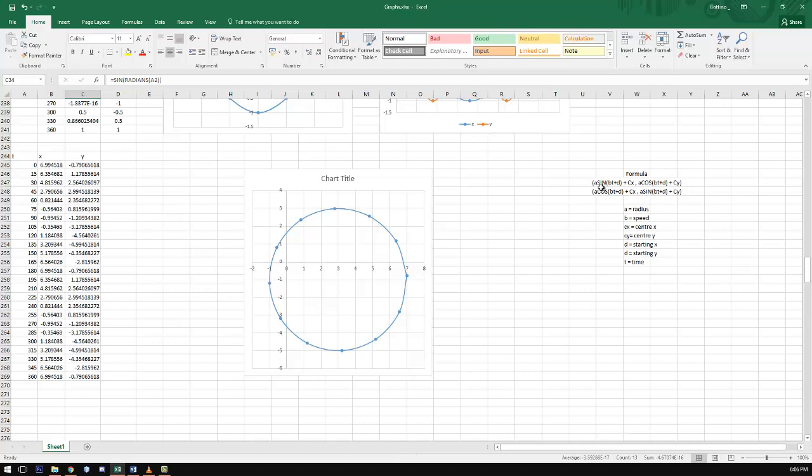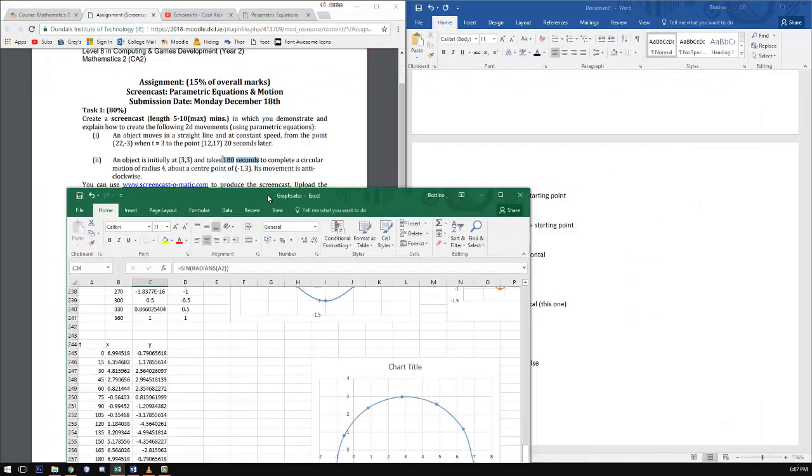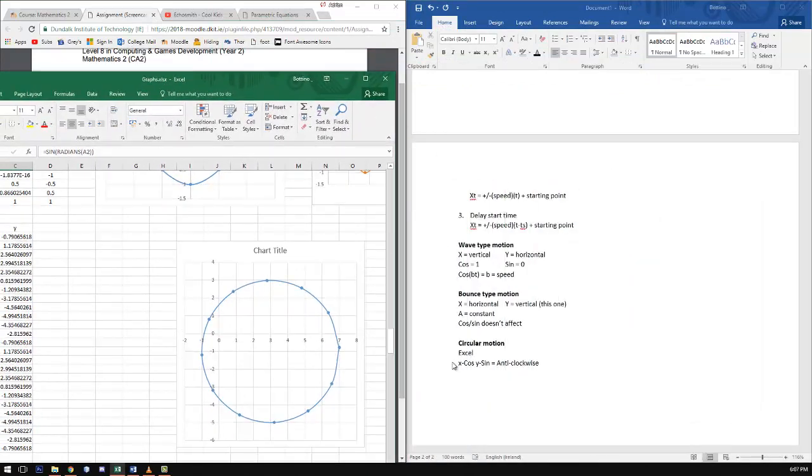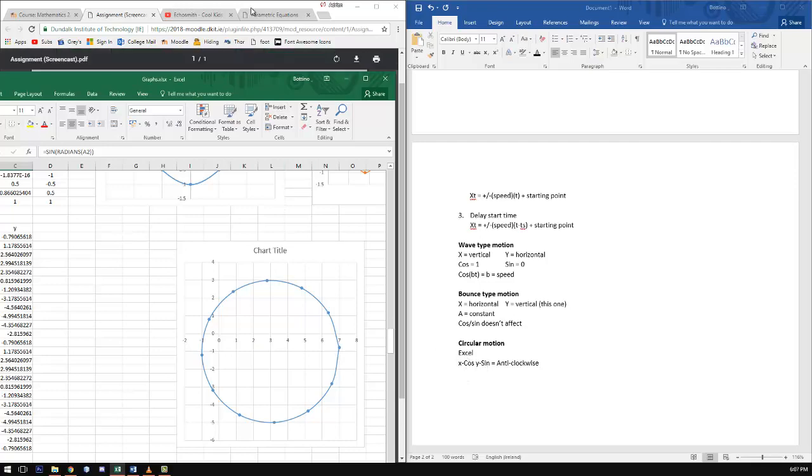So in my movement, we have the formula. We have sine in the x variable, and then cos in the y. But we want an anti-clockwise movement, so we put cos in the x and sine in the y for an anti-clockwise movement.